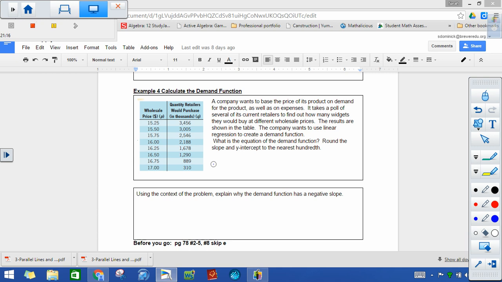So for this, it's going to be Q equals negative 1,756.19 P. I'm going to tell you why those letters are there in just a second. Plus 30,238.82.